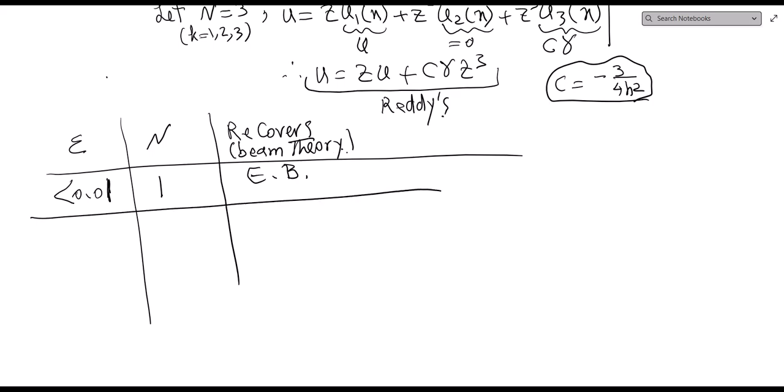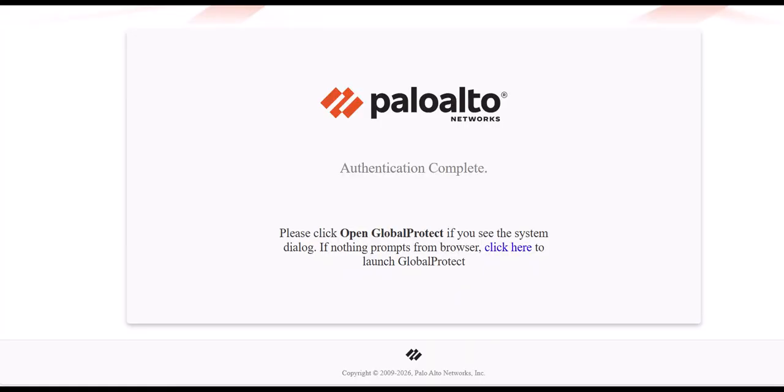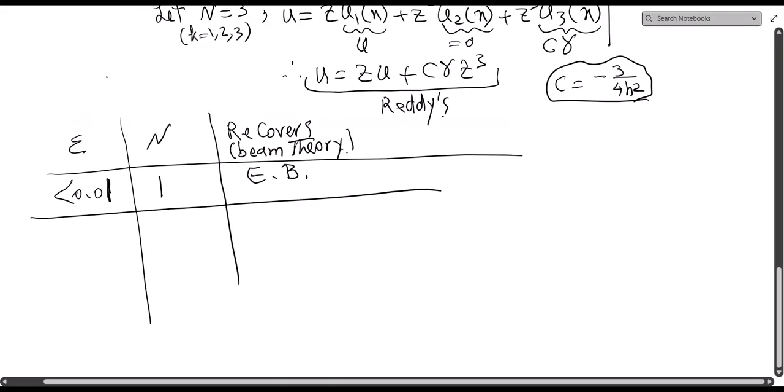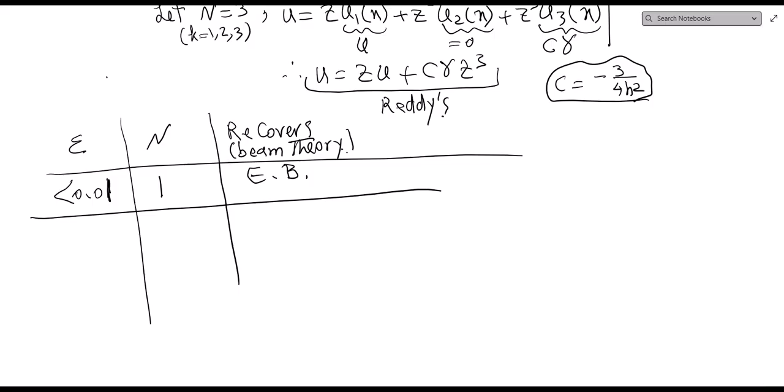Now, if you go further and say, okay, how about if epsilon is somewhere between 10% and 1%, then you can take 1 again.